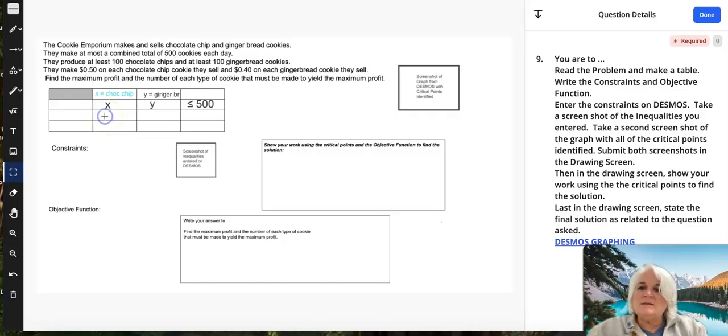This is going to be kind of messed up, but I'm going to put that right in here. I'm going to say X is greater than or equal to 100 because it's at least 100. So 100 is the smallest amount made. This is driving me crazy that this is so small. And then text, and my Y is going to be greater than or equal to 100 also.